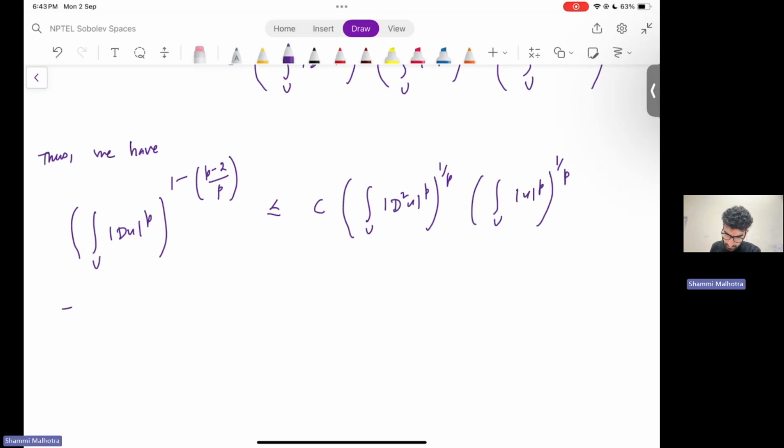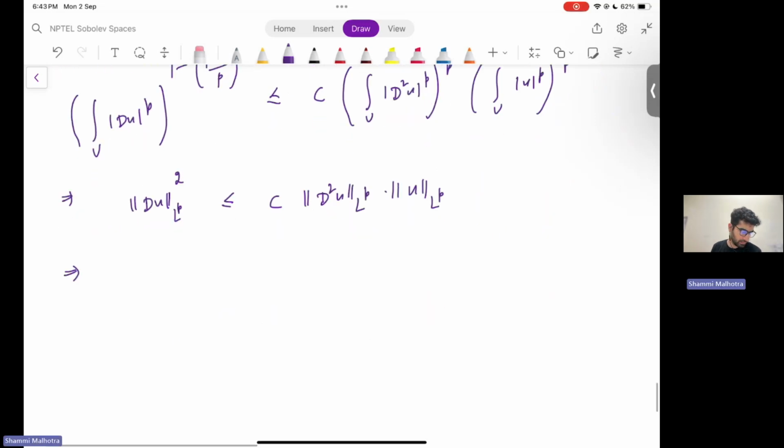So this is actually nothing but the Du Lp norm squared, p minus p plus 2, that is 2 by p, and that is the square, some constant times the D2u Lp norm and the Lp norm of u.